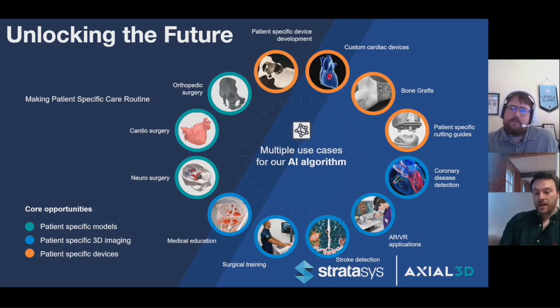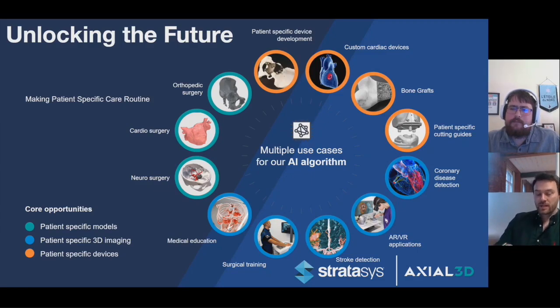Good question. I'm not 100% sure on the global number, but let's take the likes of the UK is about 80,000, the US is about, I think, 820,000. So if you're thinking that each one of those starts with a two-dimensional imaging data set, and traditionally you might need to segment each of those individual data sets, it's thousands of years of manual processing time to start to make the first leap into making those devices patient specific.